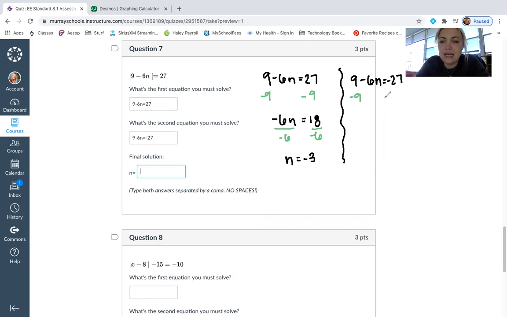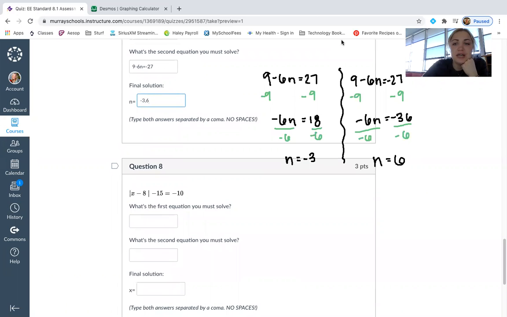We can subtract 9. Negative 27 minus 9 would give us negative 36. So I have negative 6n equals negative 36. And then I can divide both sides by negative 6. So divide by negative 6, divide by negative 6, and I have n equals positive 6. All right, so my two answers here would be negative 3, comma, 6. Those are just the two answers written in order.